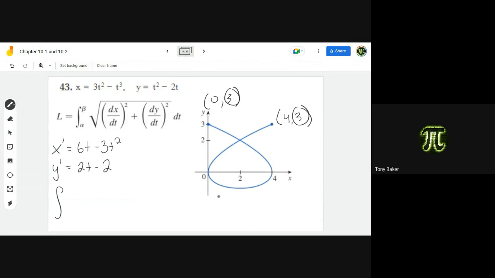So I have 3 equals t squared minus 2t. So t squared minus 2t minus 3 equals 0. So I've got t minus 3 and t plus 1. So t will be 3 and negative 1.